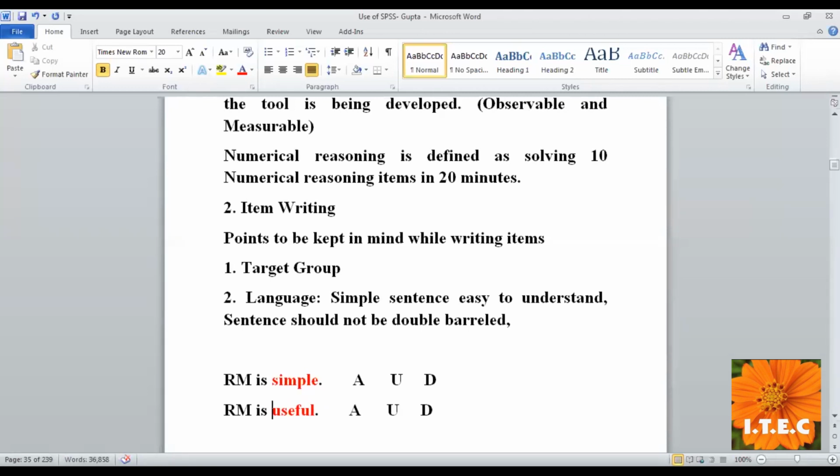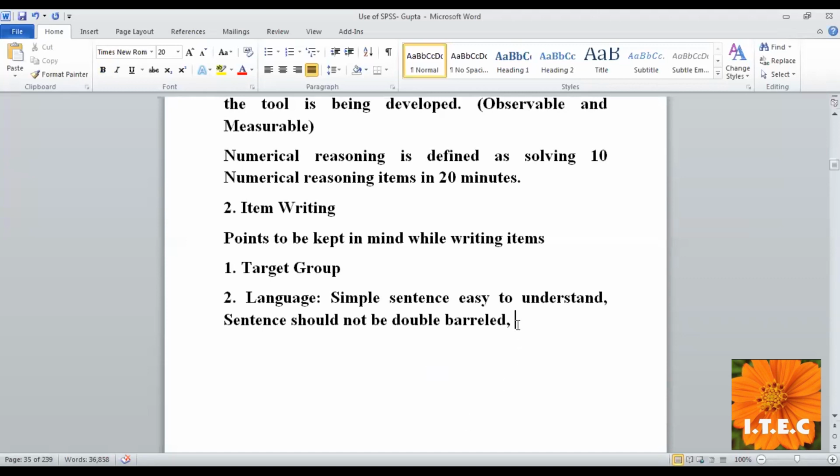So instead of one item, you must write two items. Now, whatever will be the response of the person, you cannot misinterpret it. It is easy to understand. So therefore, that is the important words.